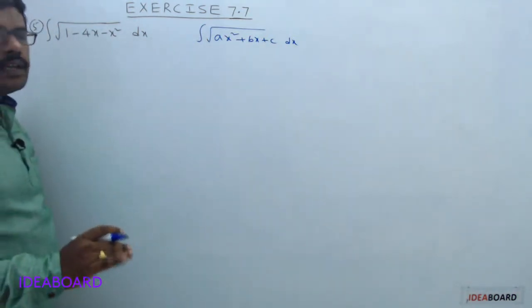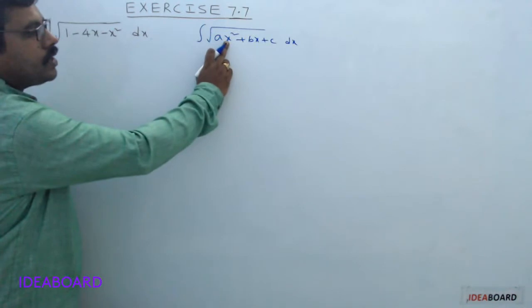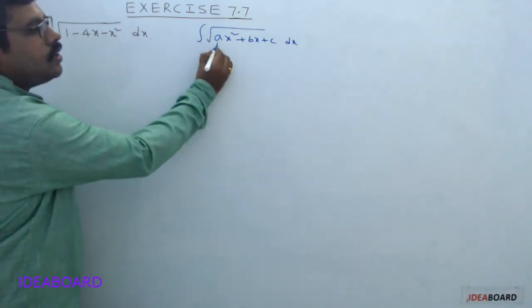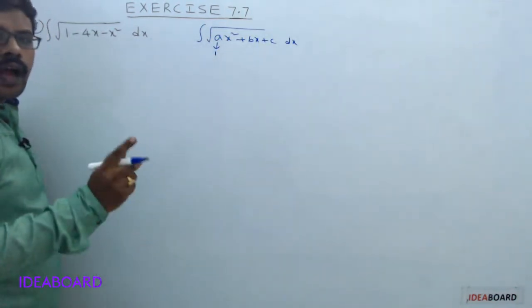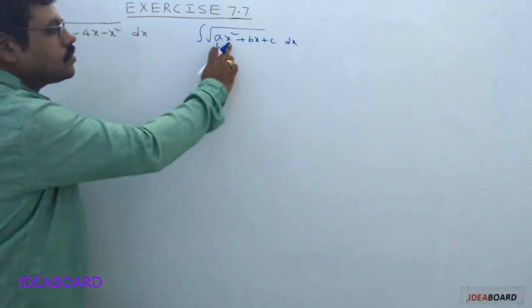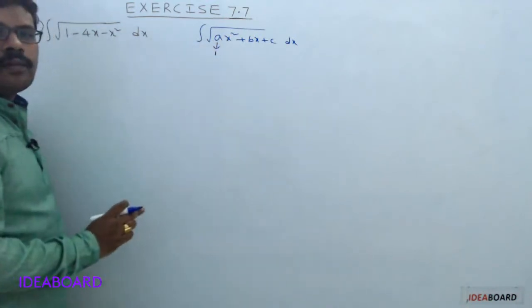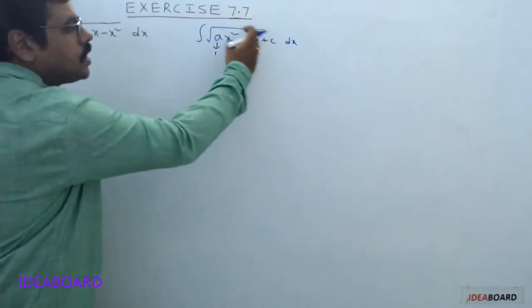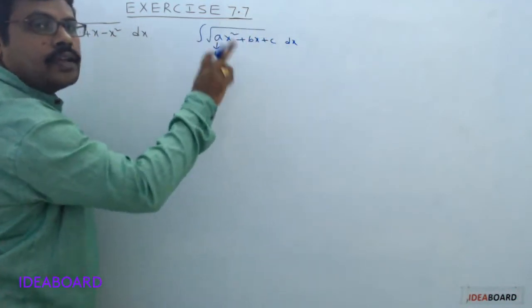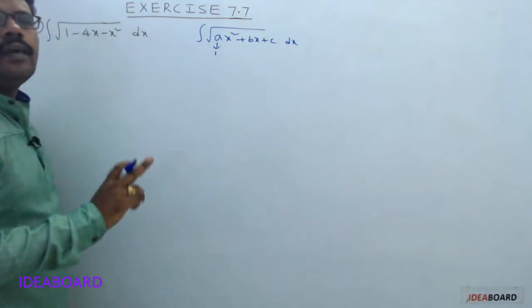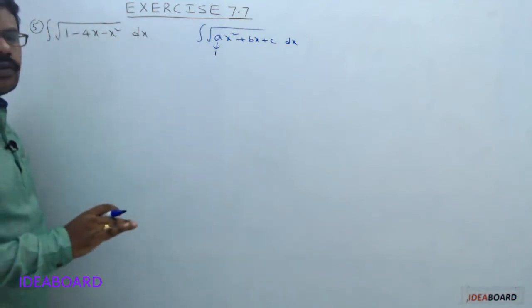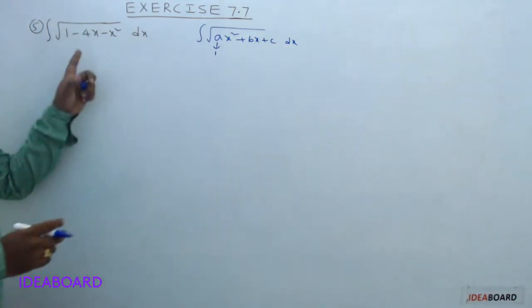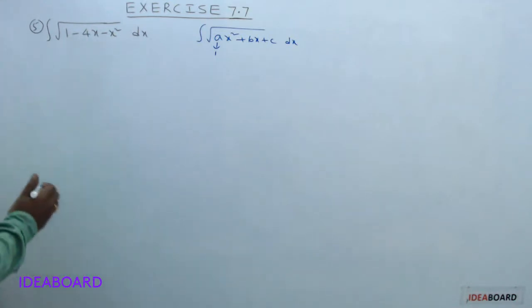What is the procedure? First, make x square coefficient as a unity. After making x square coefficient as a unity, whatever the remaining expression will be inside the root function, make that expression a perfect square. Now, use that procedure on your given problem.